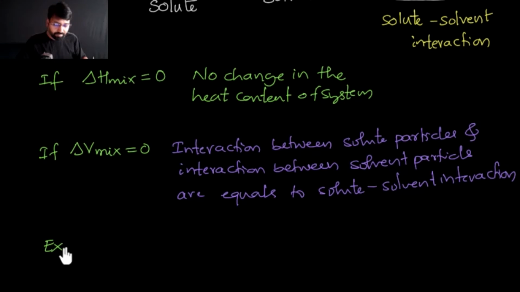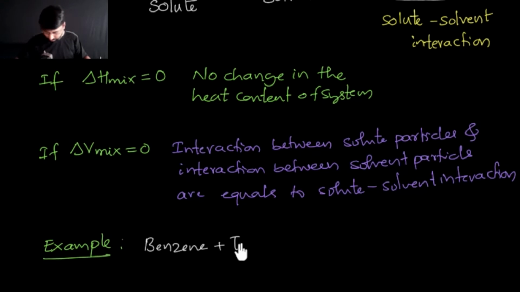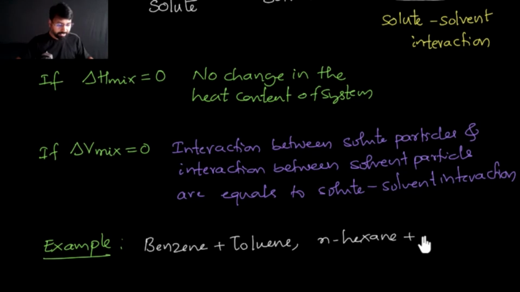Now what examples can we provide here? Even though we can say that there is no such truly ideal solution, we can give some examples, like benzene plus toluene. You can take n-hexane plus n-pentane.